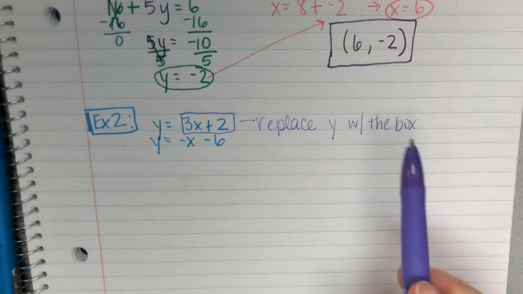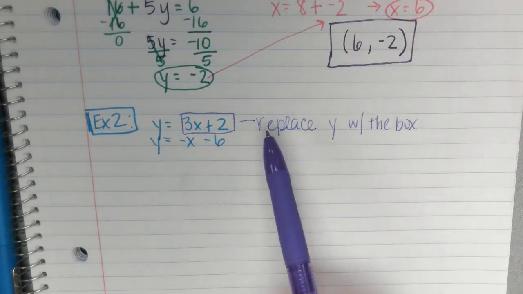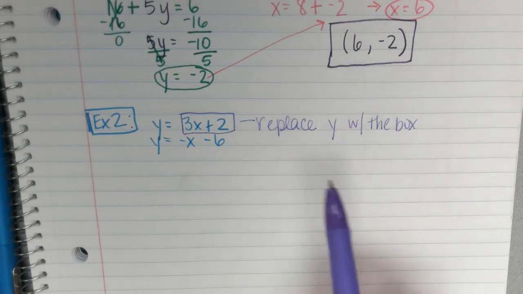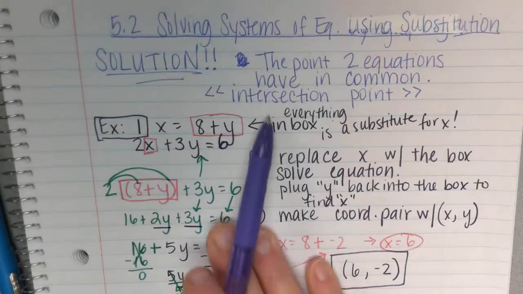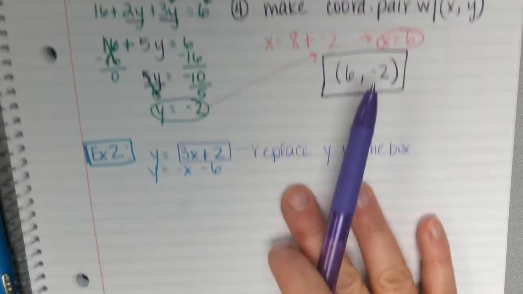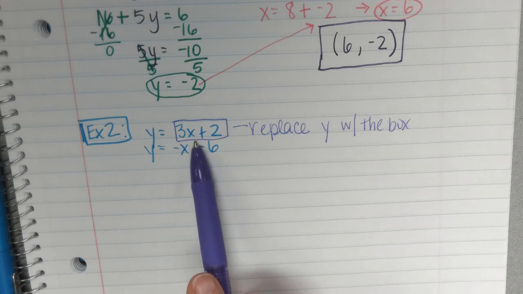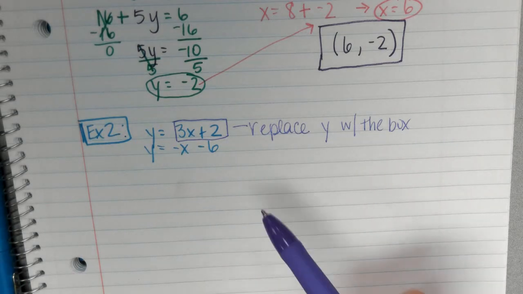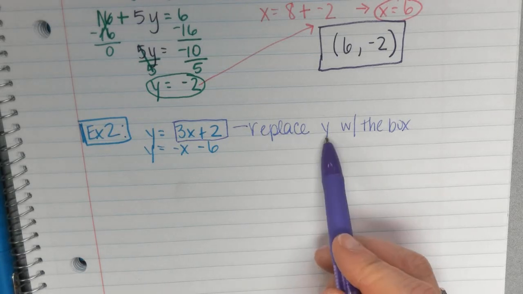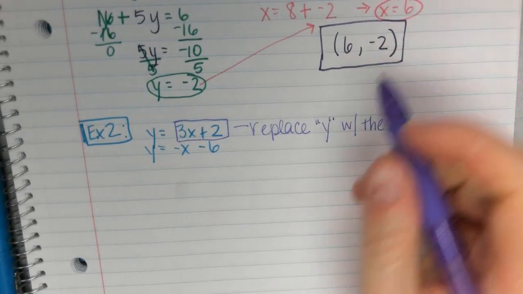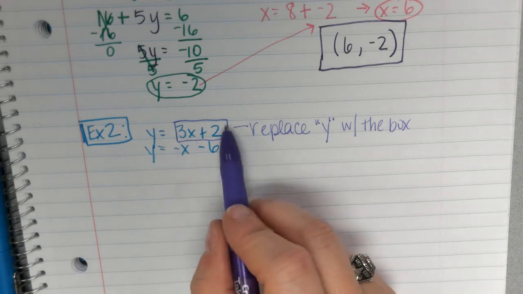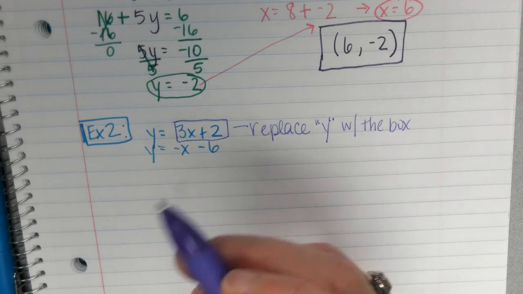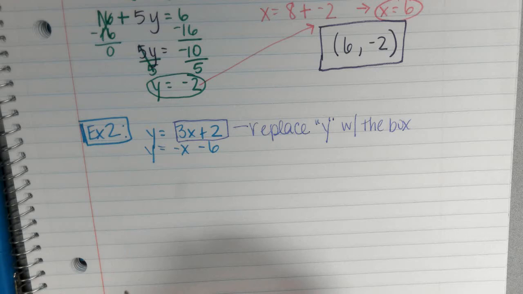That's the only thing that changes here from example 1. In example 1, they gave us what x equals. Well, this time they didn't give us what x equals, they gave us what y equals. So we just do the opposite. In our equation, we're going to put the box in where y is.